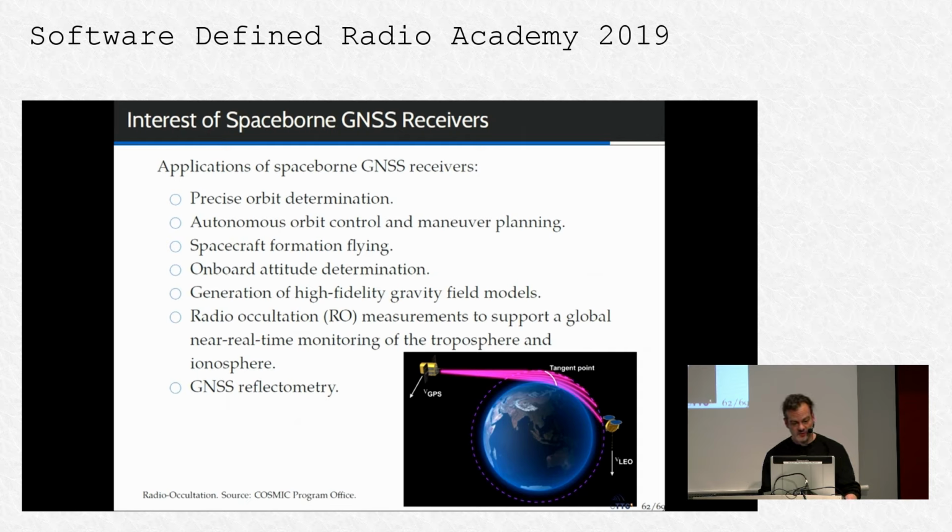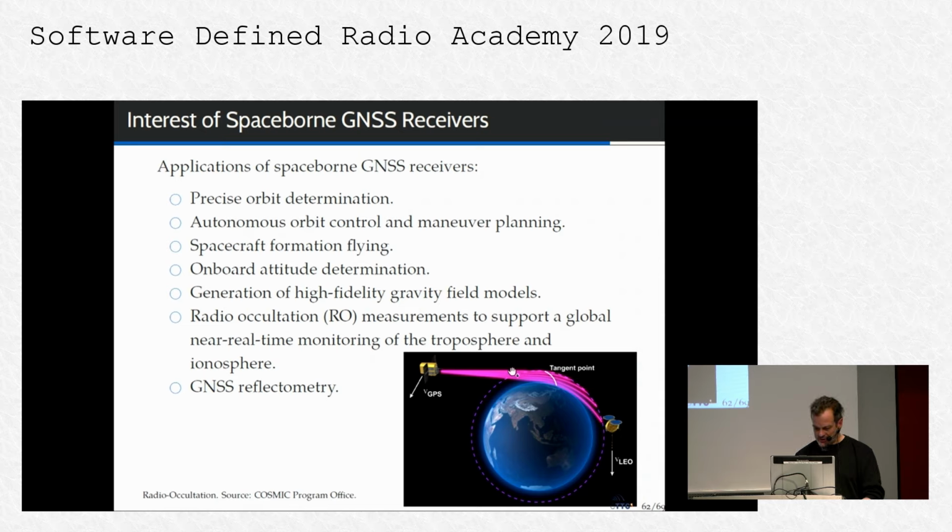There is an interest in spaceborne GNSS receivers. Here you have a short list of applications, which is much longer, but just to mention: precise orbit determination, autonomous orbit control, maneuver planning and managing, spacecraft formation flying, or for instance this thing here, which is called radio occultation, in which if you have your receiver here in orbit and you have a GPS satellite here, you can use this diffraction in order to have a very nice profile of the ionosphere here.